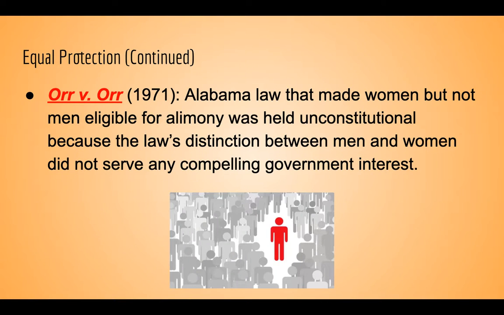Well, in the court case Orr versus Orr from 1971, an Alabama law that made women but not men eligible for alimony, for payments after divorce, was held unconstitutional because the law's distinction between men and women did not serve any compelling government interest.